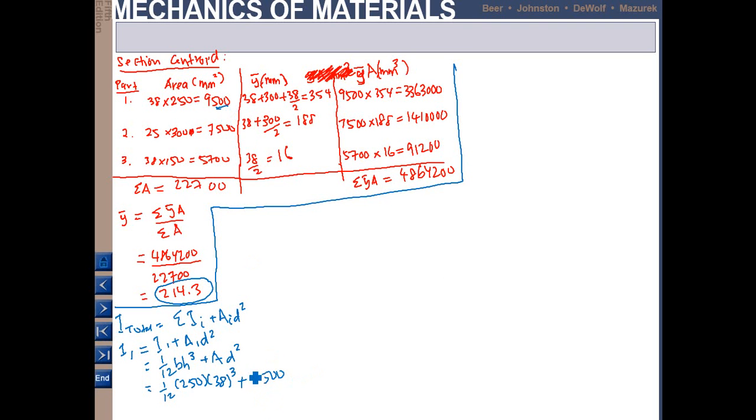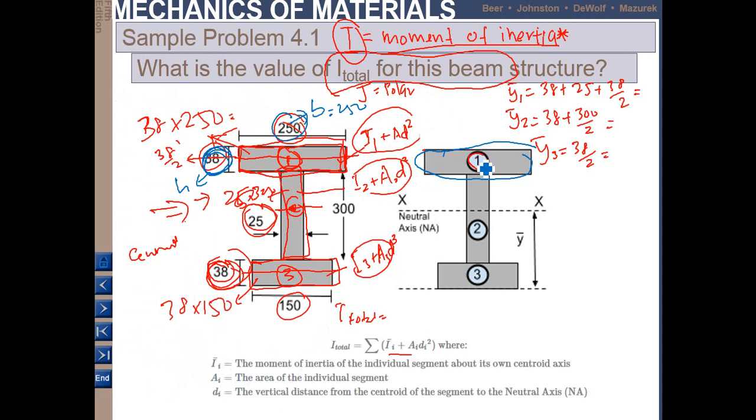And then plus area, which is 9,500, times the distance from the centroid of this section to the centroid of this whole body.